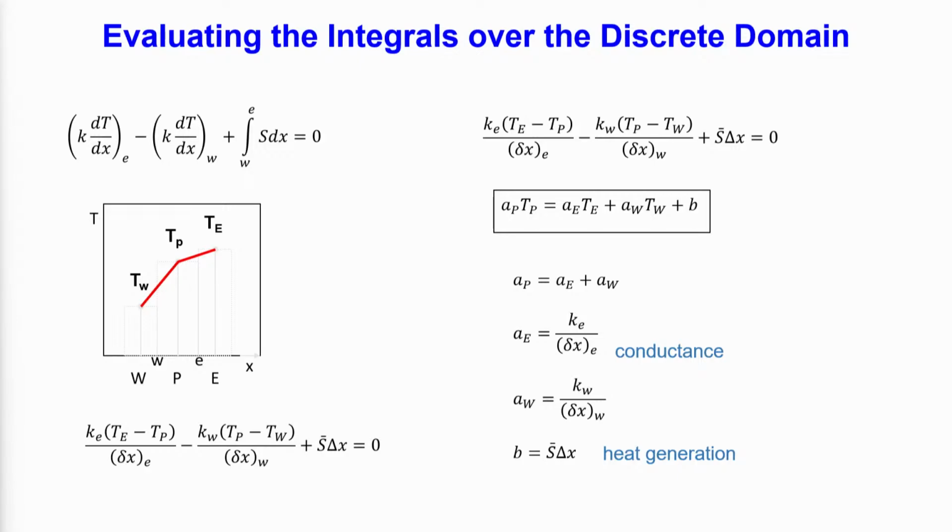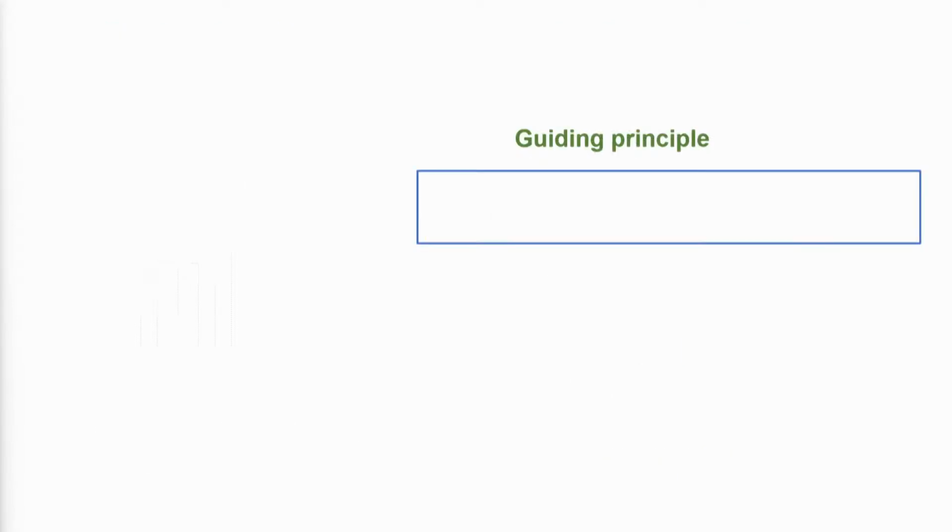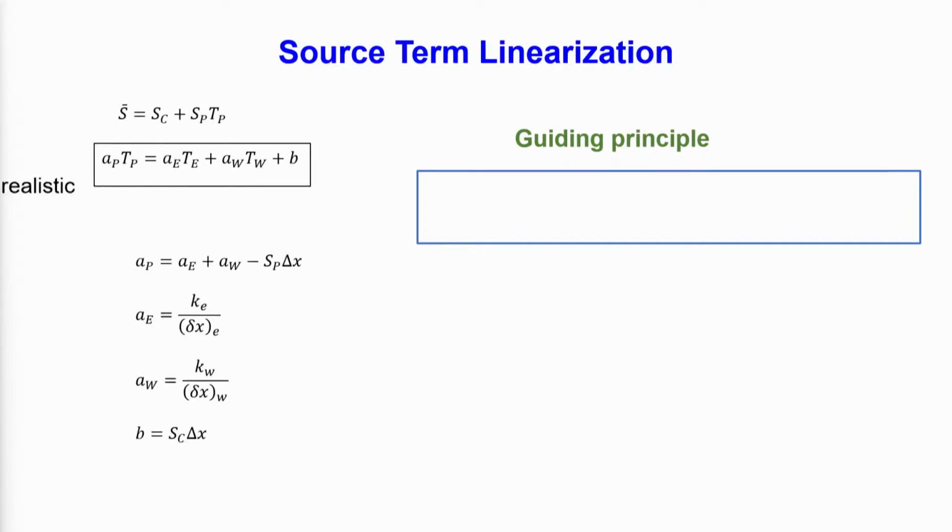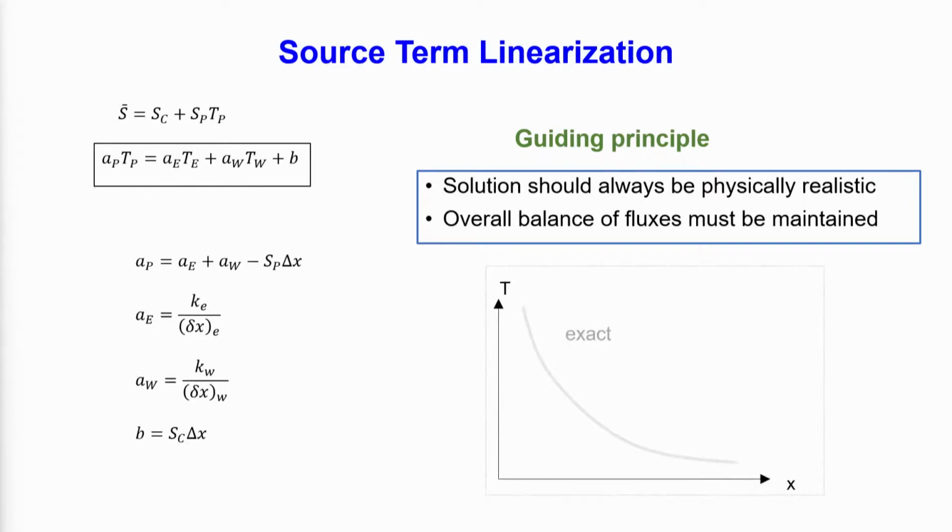The most important observation here is that the temperature at the point P is influenced by the temperatures at E and W. This is a true representation of an elliptic problem, which means that at a point it is influenced by neighbors on all sides. So, for every point P you will have this equation.